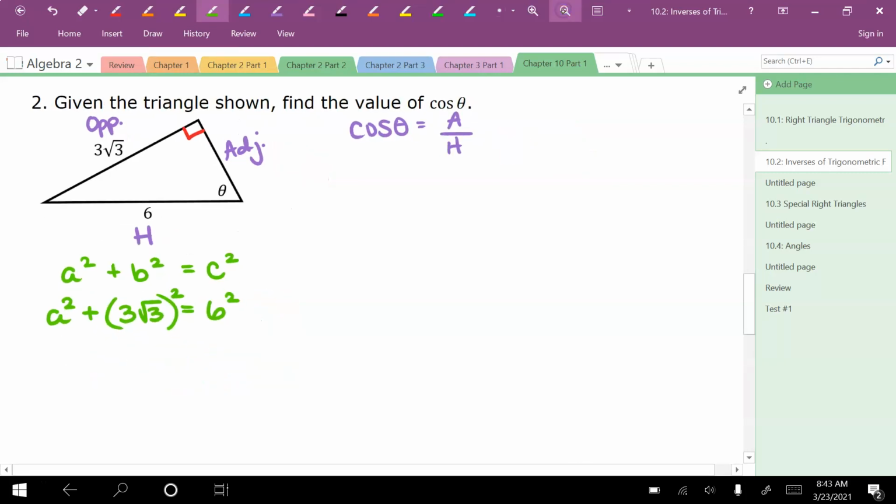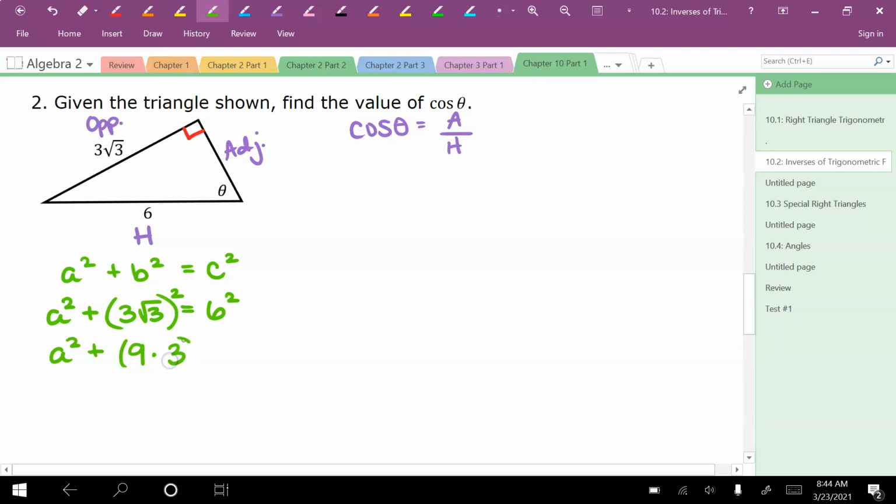All right, so let's evaluate here. We've got a squared. So when I square the 3 square root of 3, you have to square both pieces. You have to square the 3 and you have to square that square root. So 3 squared is going to be 9. And then when I square the square root of 3, anytime you square something underneath the square root sign, remember those kind of cancel each other off. So that 3 that's underneath it is just going to come out.